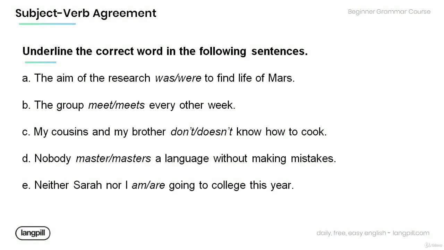Now, time for you to practice on your own. Read the following sentences and underline the correct word. A. The aim of the research was or were to find life of Mars. B. The group meets every other week. C. My cousins and my brother don't or doesn't know how to cook.